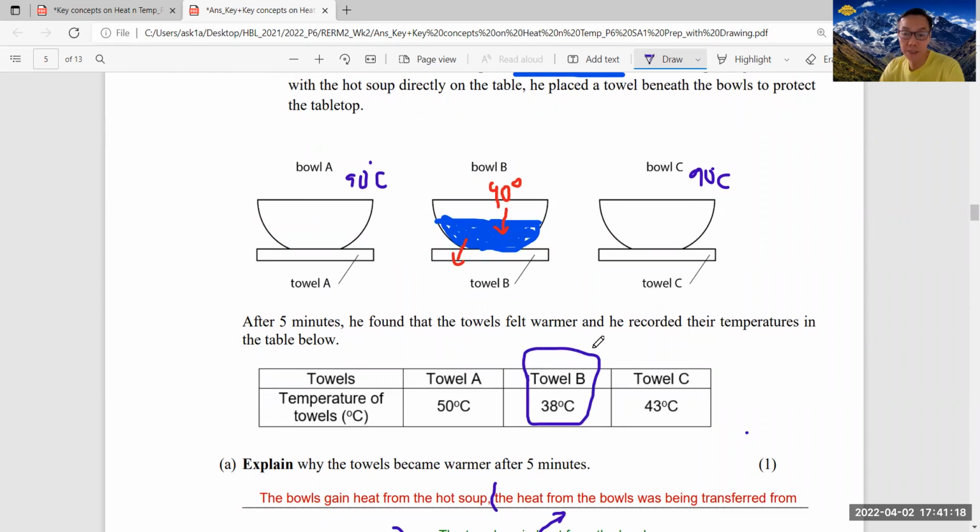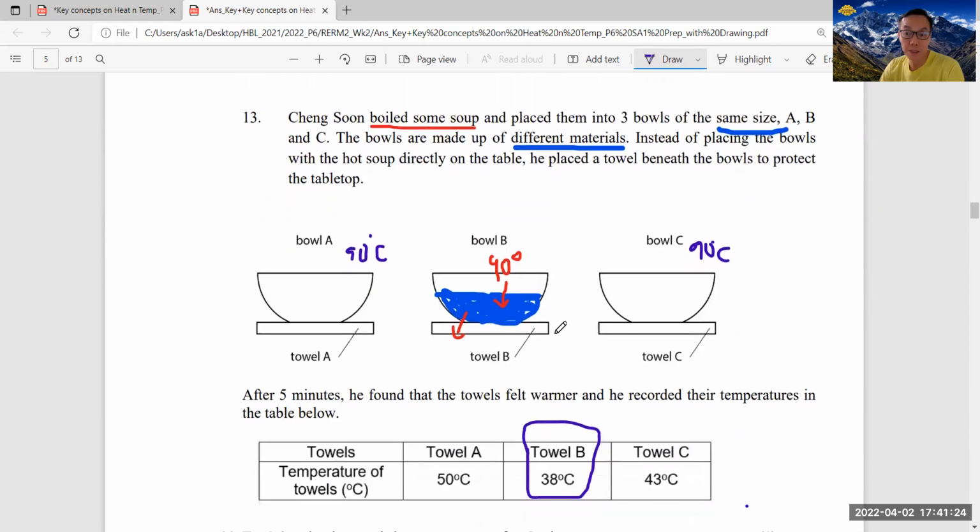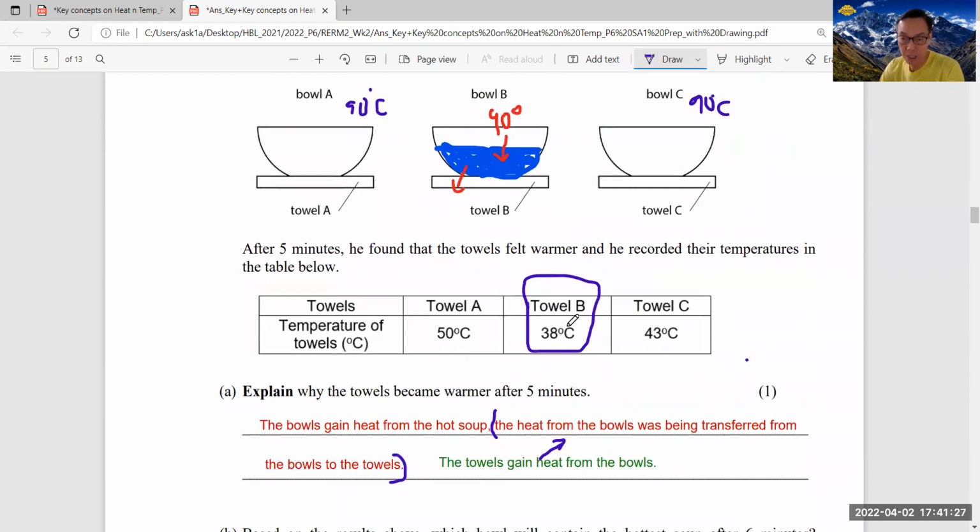So it means that the material to make bowl B is a poor conductor of heat, because after 5 minutes the towel only reached 38 degrees. That means the heat from the bowl gets transferred at a slower rate to the towel.